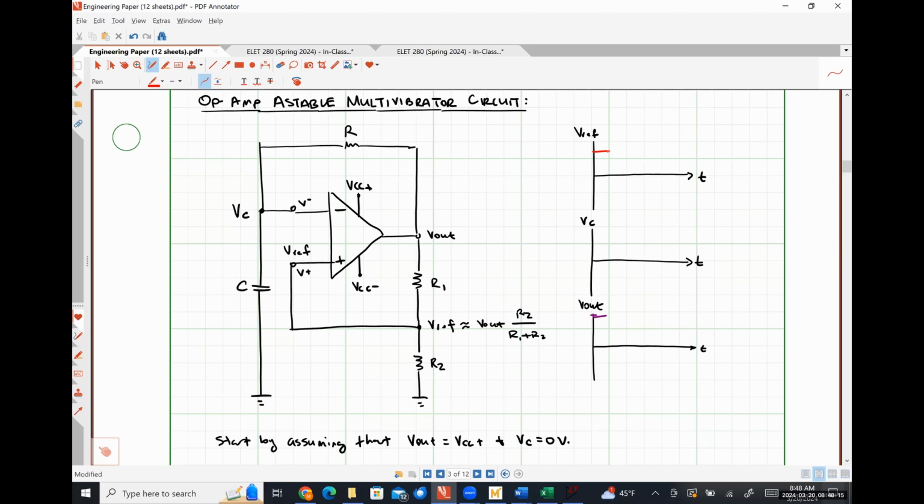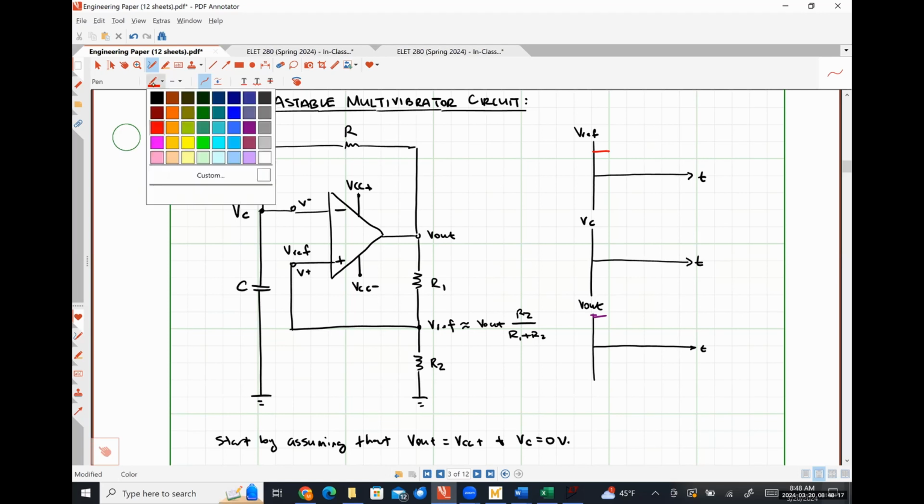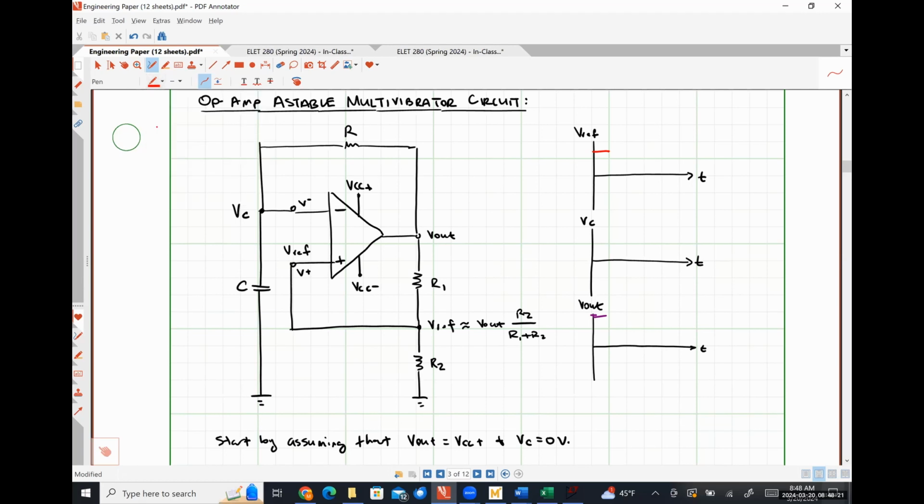So at this point in time, V out is equal to VCC plus and VC is equal to 0, which means some current is going to be flowing around this top path of the loop, right? That current is going to slowly cause the capacitor to charge over time.